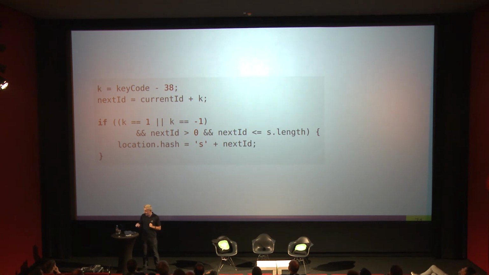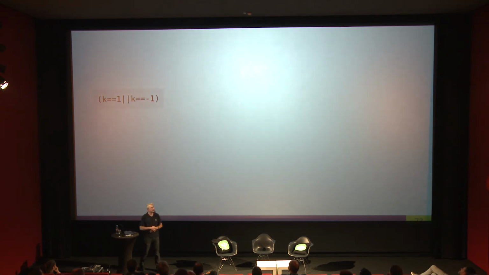So I have slightly improved this, but I thought, hey, how could I shorten this comparison? I want to check if k is 1 or -1. Can I do shorter? Nothing comes to mind right now. Oh yeah, I shouldn't have updated the software yesterday. Math.abs is an idea.